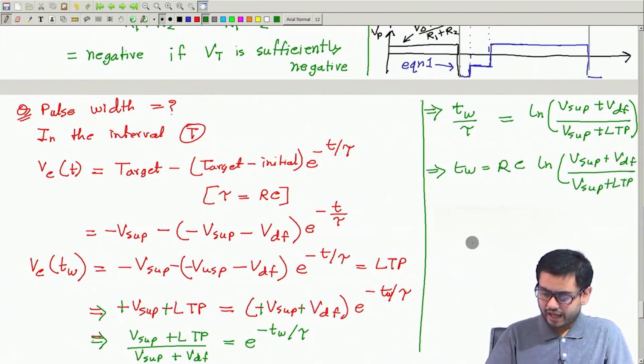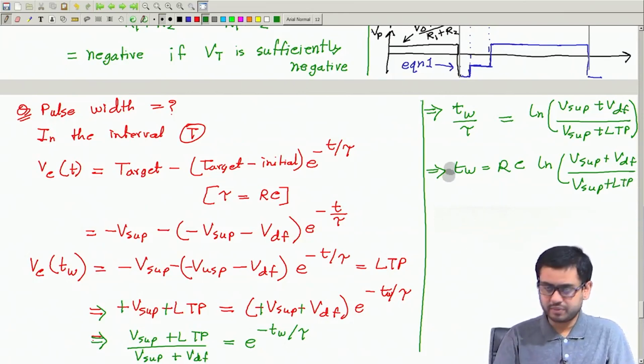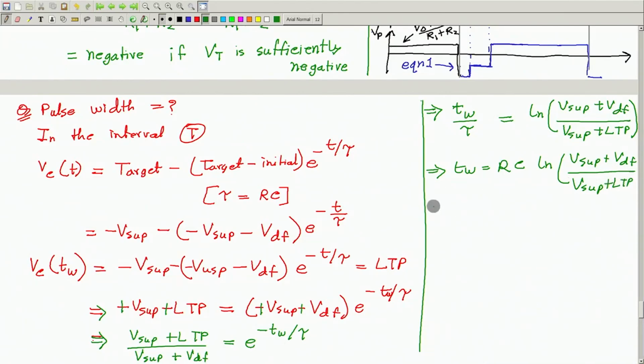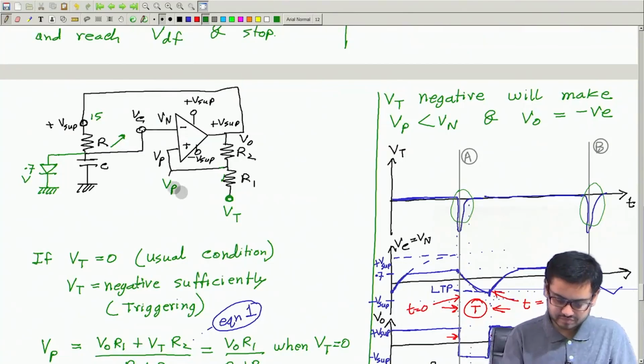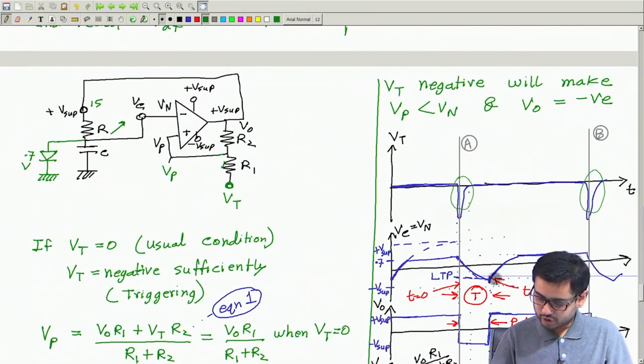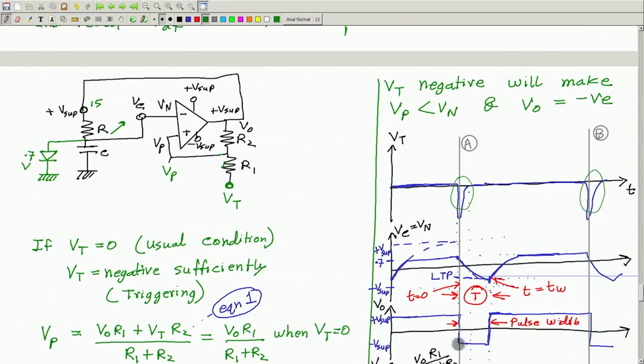Okay. So, now this is the pulse width, and the value of LTP you can find easily. LTP is how much? You see in this region output is negative. So, we will ask what is the value of Vn which will make the output positive. Here we have this equal to minus V supply.